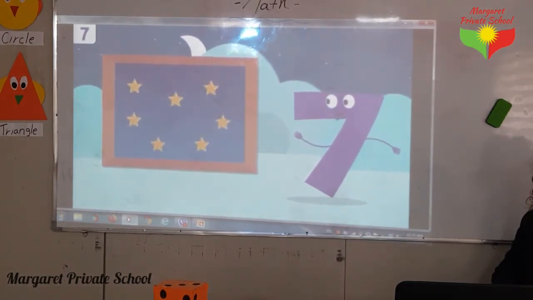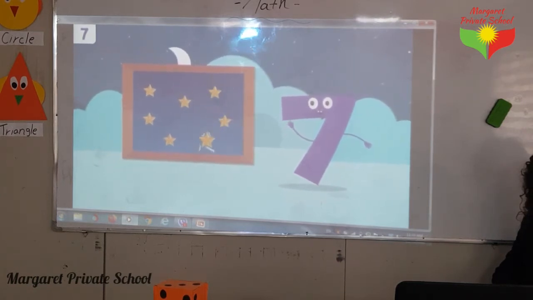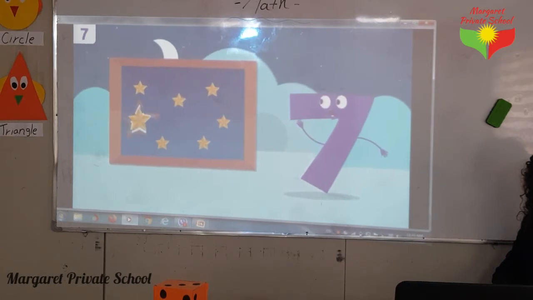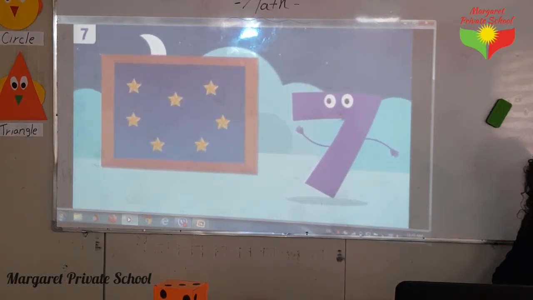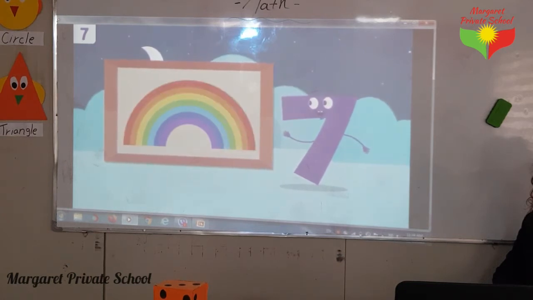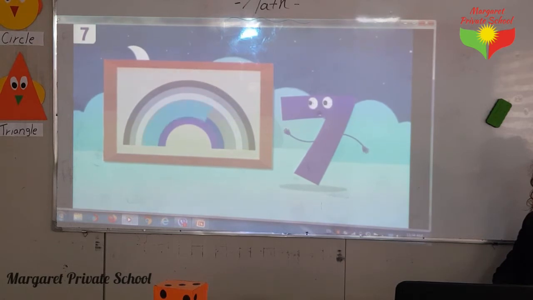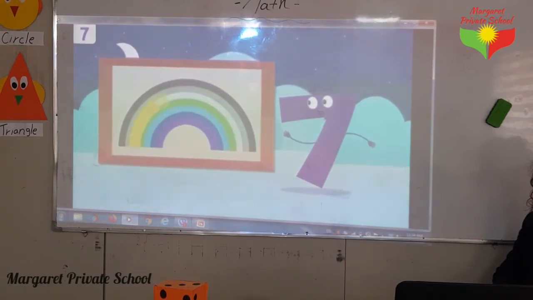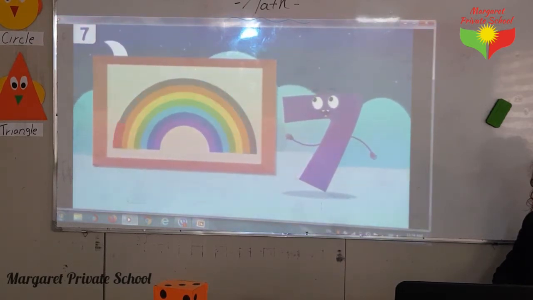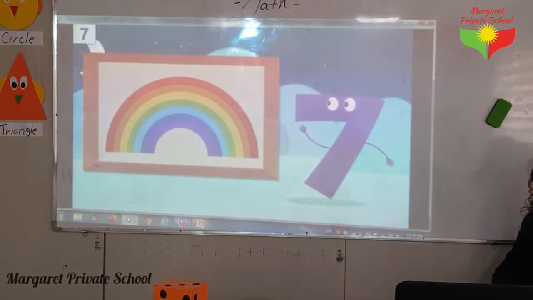Whoa, the sky! How many stars can you count? 1, 2, 3, 4, 5, 6, and 7. There are 7 stars in the sky. Do you know how many colors there are in a rainbow? Let's see. 1, 2, 3, 4, 5, 6, and 7. There are 7 colors in the rainbow.